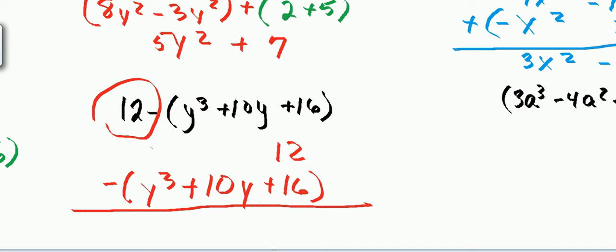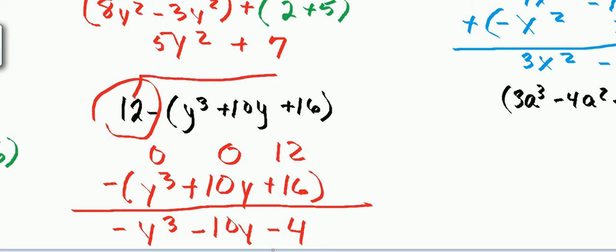And I got 0 here, 0 here, so 0 minus y cubed, I got negative y cubed minus 10y, and I subtract these, I get negative 4. So that's one way of going about this. I could have just combined my 12 minus 16 and distributed this negative 1, and that would have worked also.